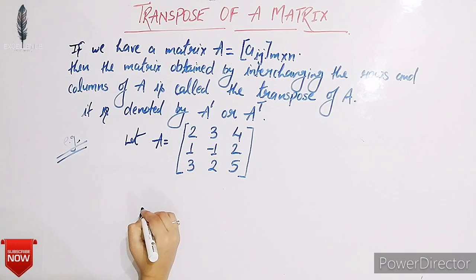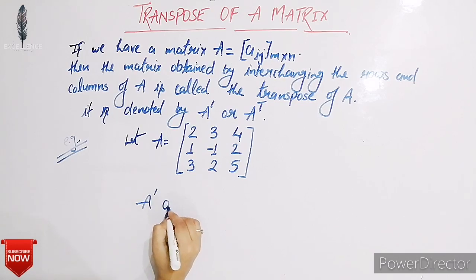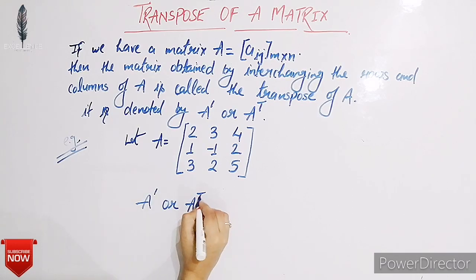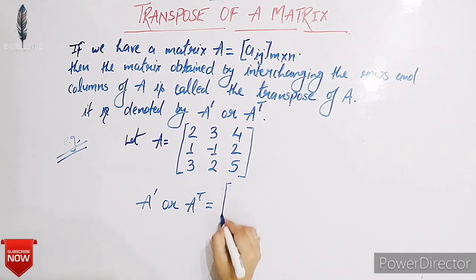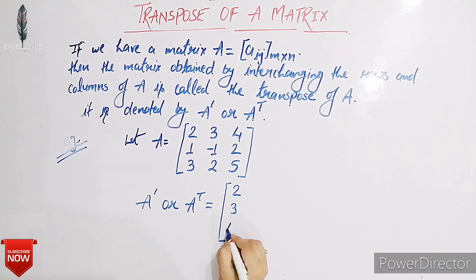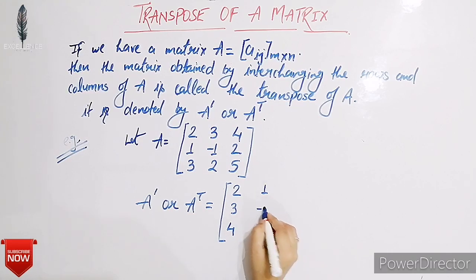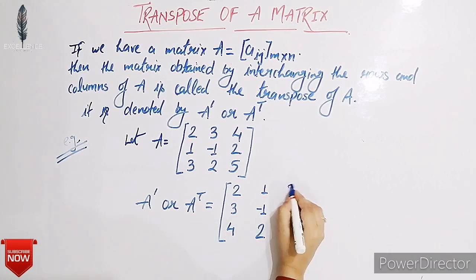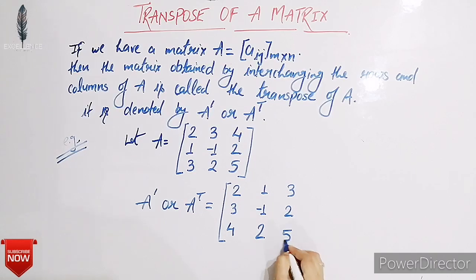Now interchange the rows and columns, then we have A dash or transpose of A, that is equals to first row change into column, that is 2, 3, 4. Second into second column, that is 1, minus 1, 2. And third in third column, that is 3, 2, 5. It is the transpose of A.